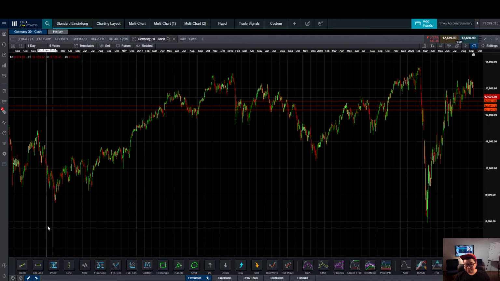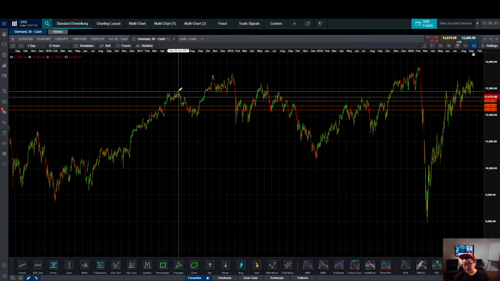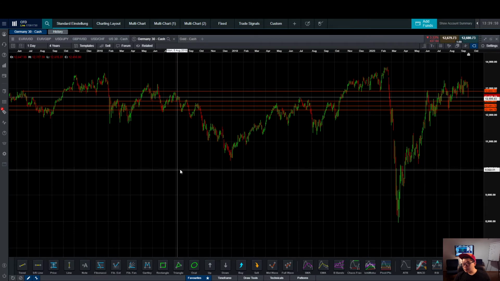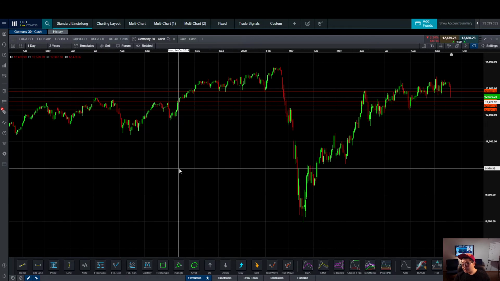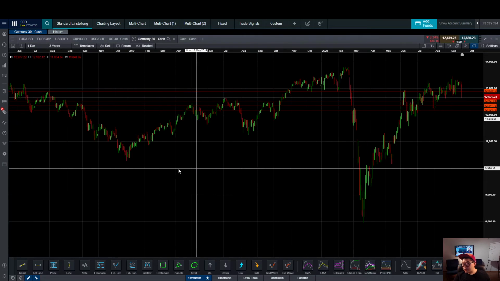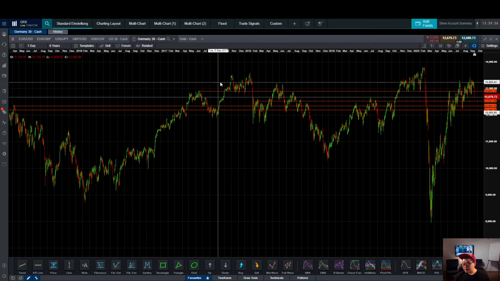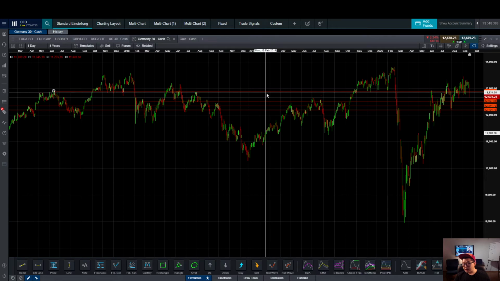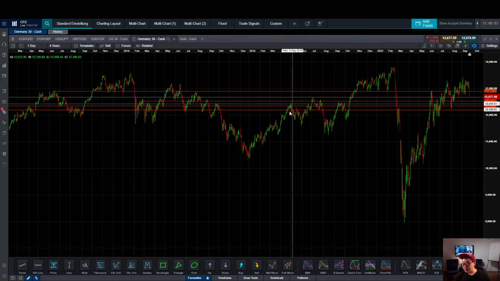And this is in the day chart, okay? Then we want to see another area, which is around here. This is for me a major resistance area, okay? I don't believe that this will exceed this area this week.